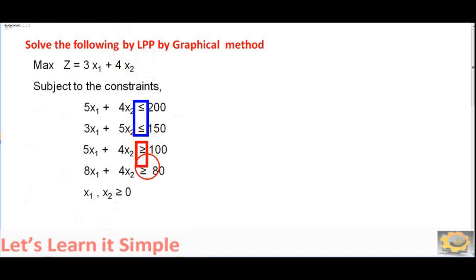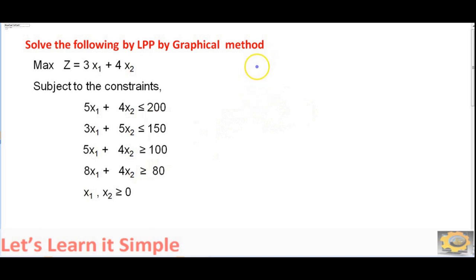The first 2 are with less than or equal to inequality, like this one, and the remaining 2 are with greater than or equal to inequality, like this one. Now, we are going to try this LPP with the 4 constraints by graphical method.